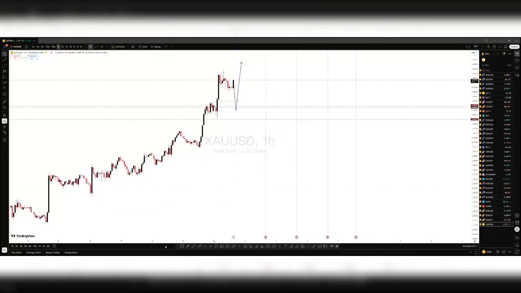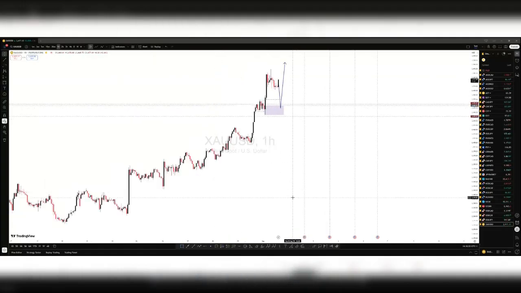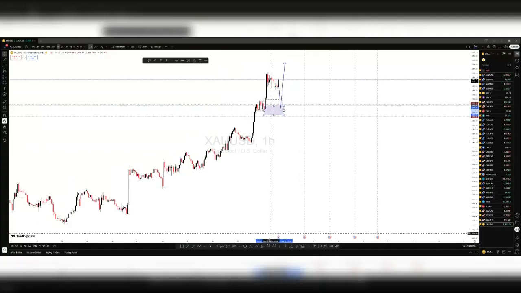So yes, I think that will be my sentiment on gold. Sentiment is bullish. We probably wait for price to come for a retest into this region, and then we go all in.